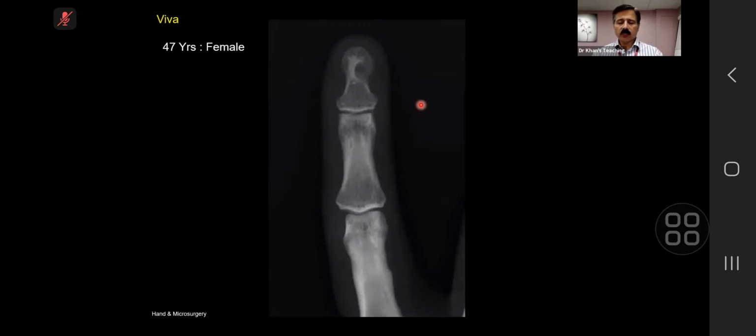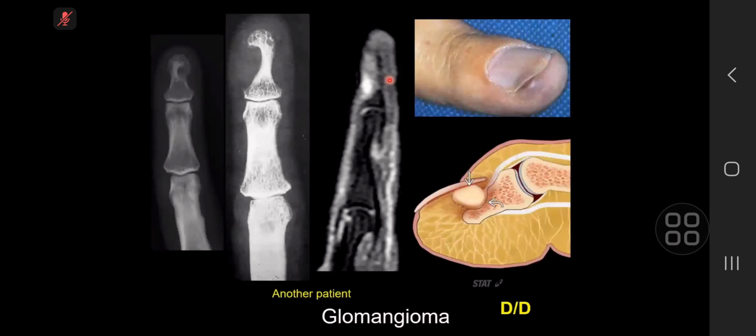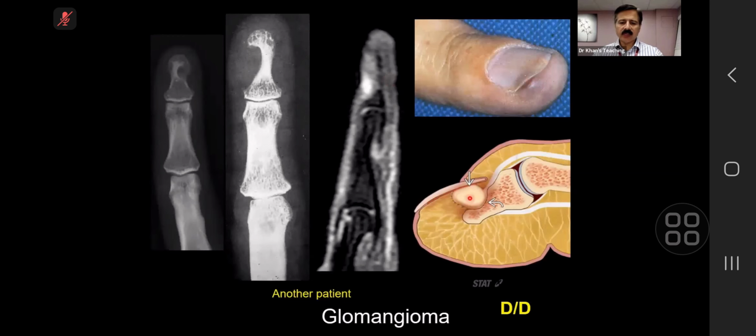You can mute yourself. Now, glomus tumor is a hemangioma-like lesion. It's a very vascular lesion and it occurs under the nail. Look at this picture. It causes scalloping. It is very painful. It will be blue, clinically speaking, and very painful.